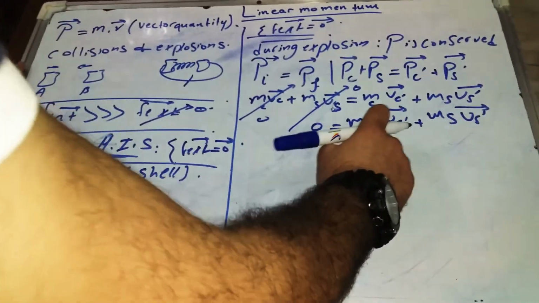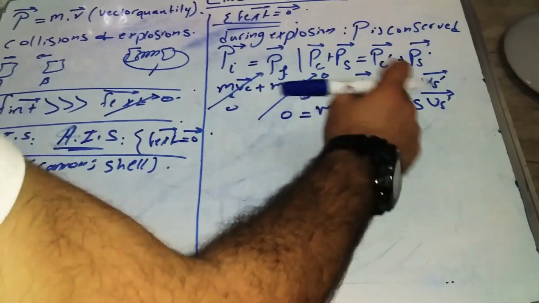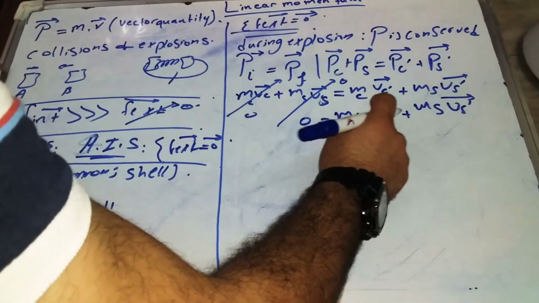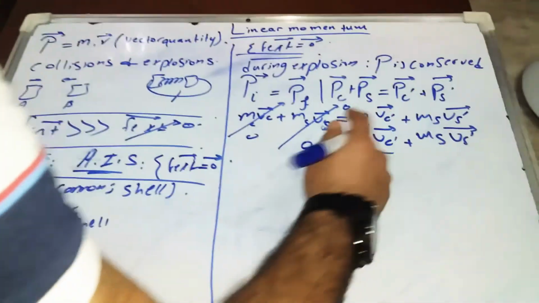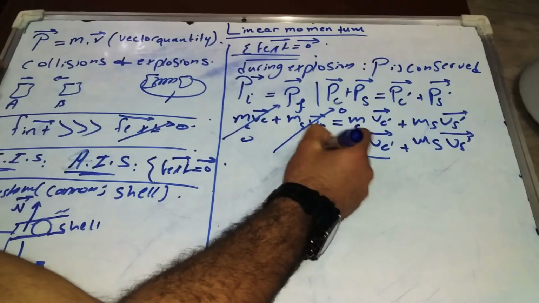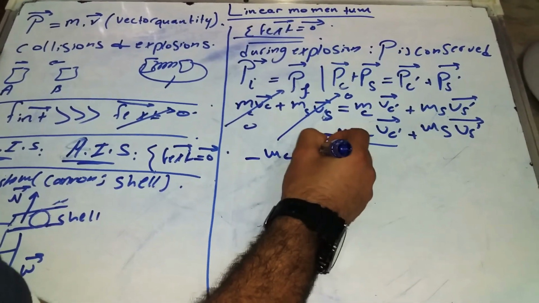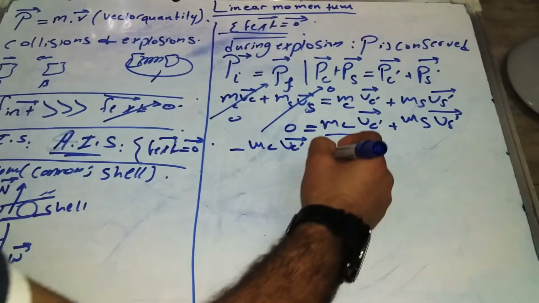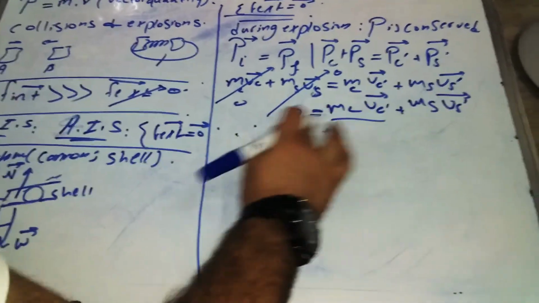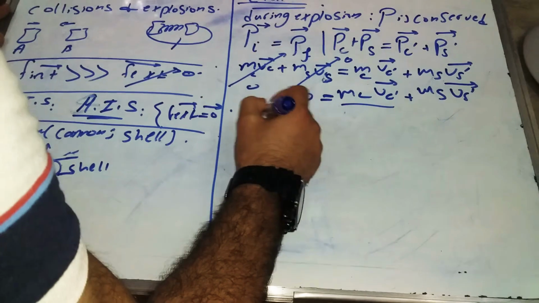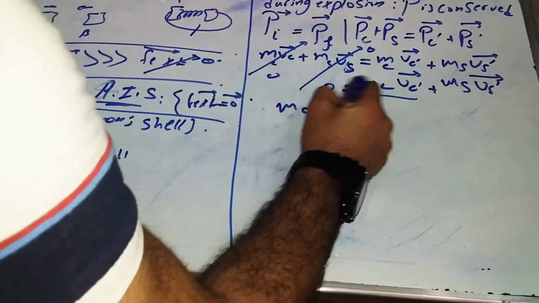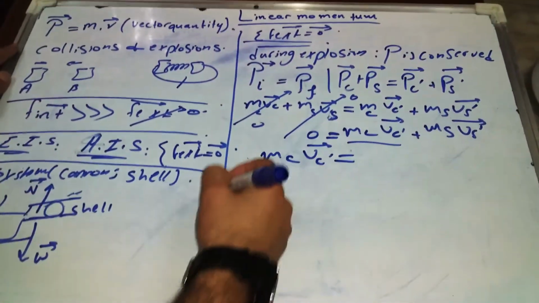Therefore, if we take this term to the other side of the equal sign, we get that minus mC VC prime is equal to mS VS prime. Let me clarify it well.